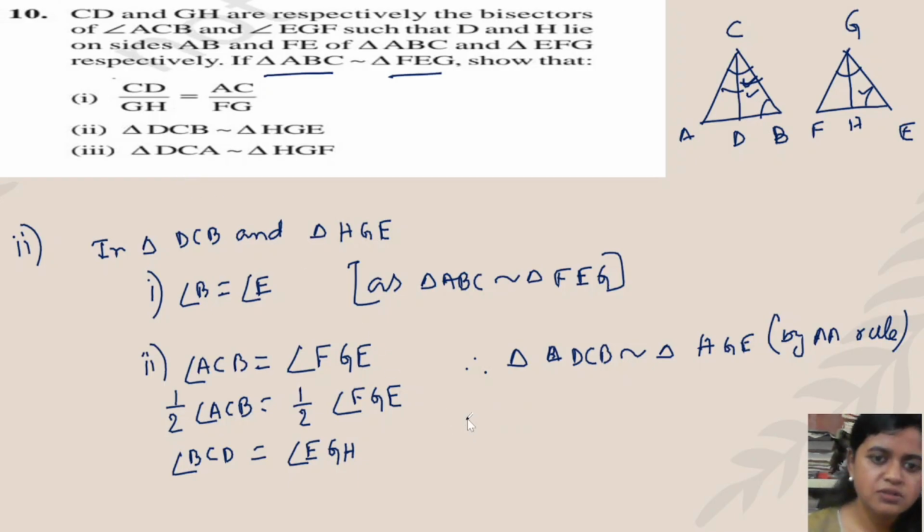Now third number. So the third one is triangle DCA and triangle HGF. We proved this already in question number 1, because DCA and ACD are the same triangle, and HGF and FGH are the same triangle.